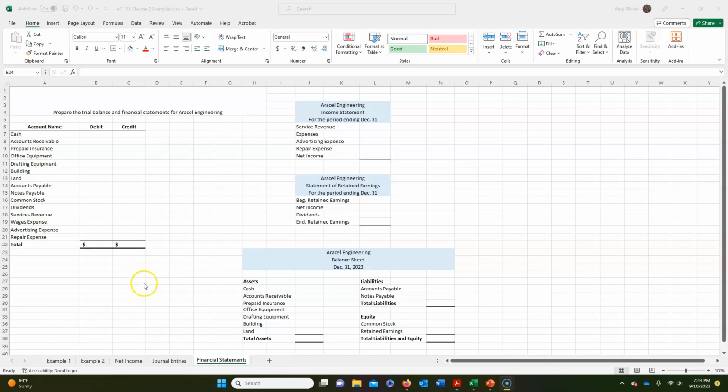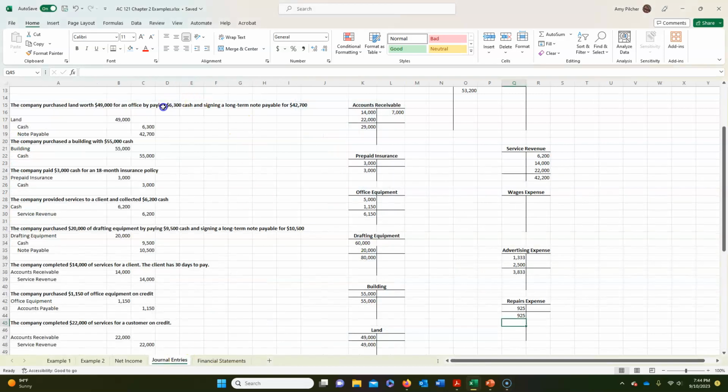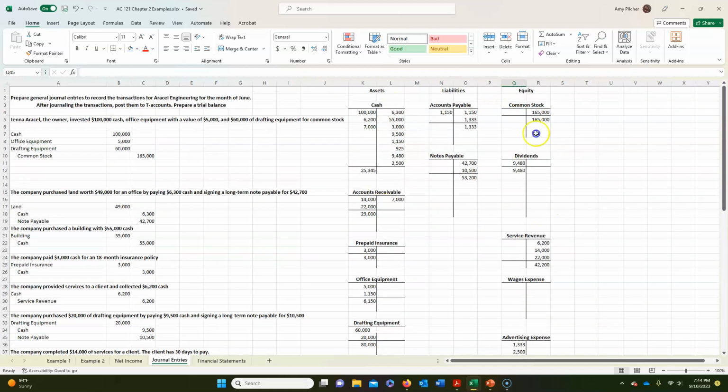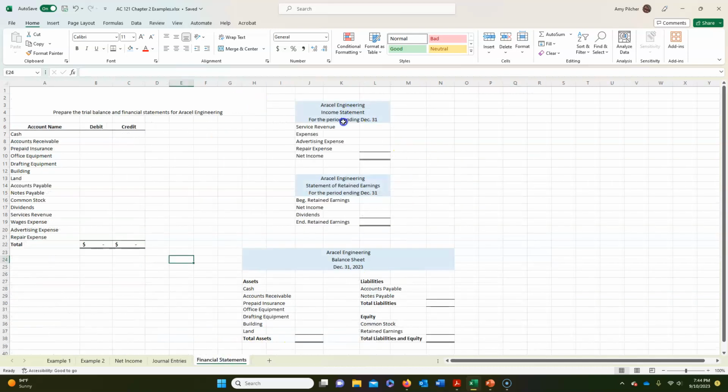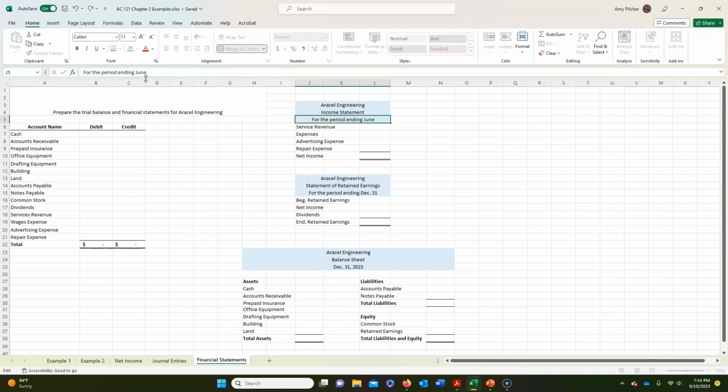Now we're going to prepare a trial balance and financial statements from the information that we use to do our journal entries and post to accounts. This was all for the month of June, so I'm going to change my financial statements to say June 30.